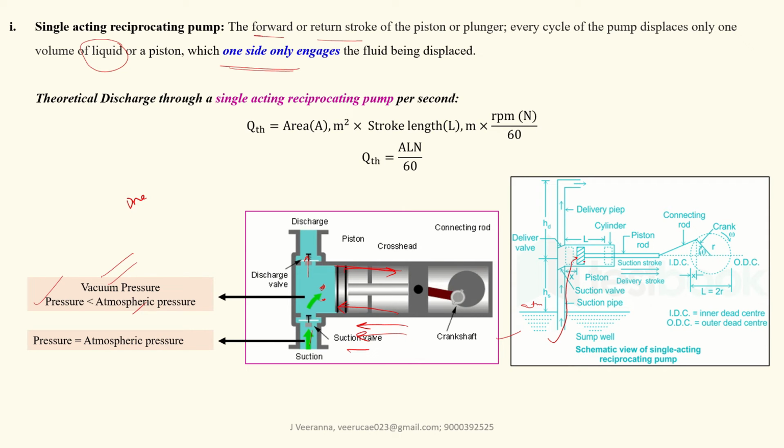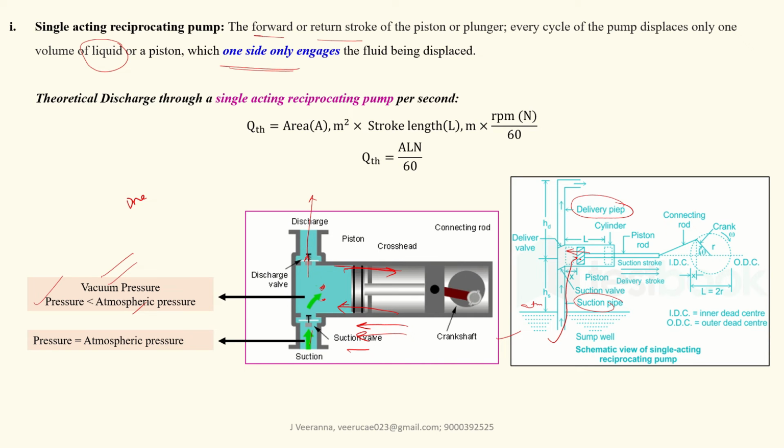So in the forward stroke, this piston compresses the water, the delivery valve opens and the discharge goes through your discharge pipe, which we call the delivery pipe. On the suction side, the pressure in the suction pipe is lesser than atmospheric pressure, so the water comes into your cylinder.